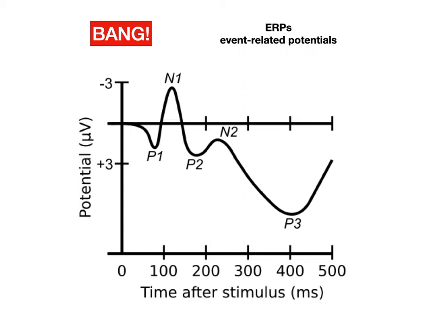Negative is up in neurons, because of electrical something. Don't worry too much about it. The idea is just that there is a distinct pattern here. Going left to right, the measurement of the electrical activity in the head dips down, spikes up, dips back down, and then there's sort of a refractory period, right?